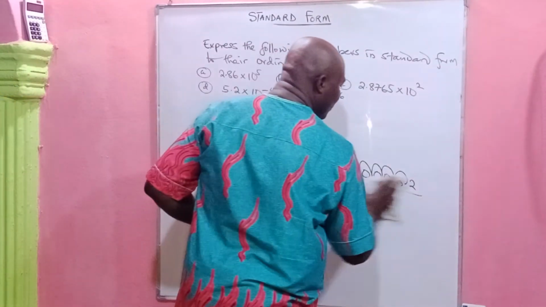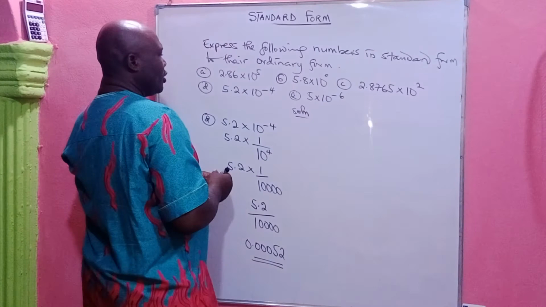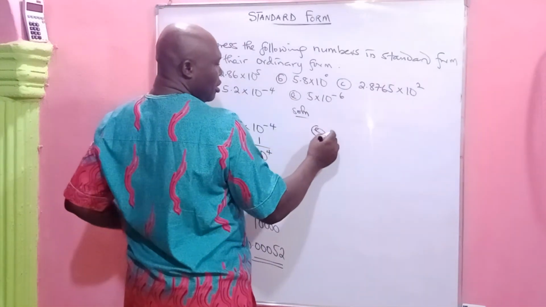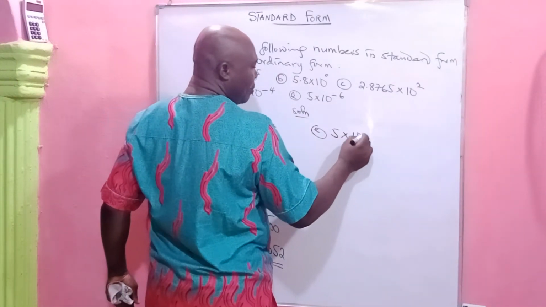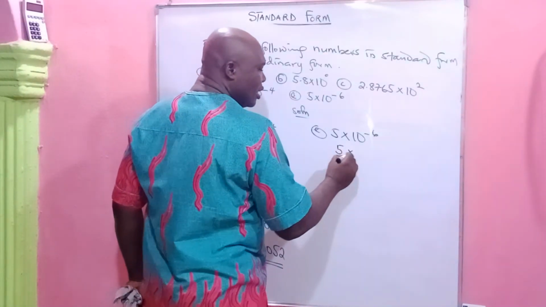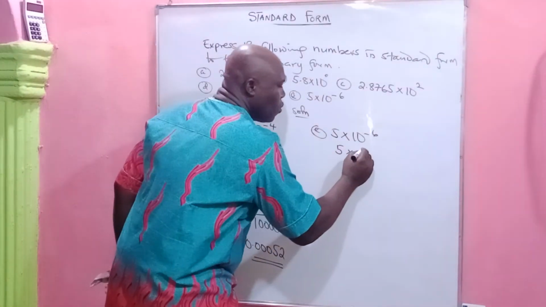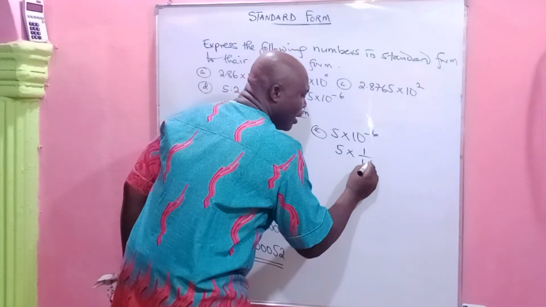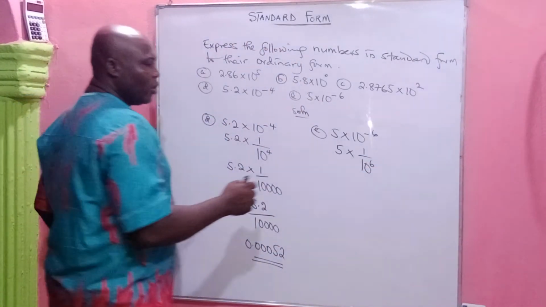So let's take the last one. Let's express E. 5 times 10 raised to the power minus 6 to the ordinary form. So this will be 5 times 10 raised to the power minus 6 is 1 all over 10 raised to the power 6. Like I said, one of the laws of indices.